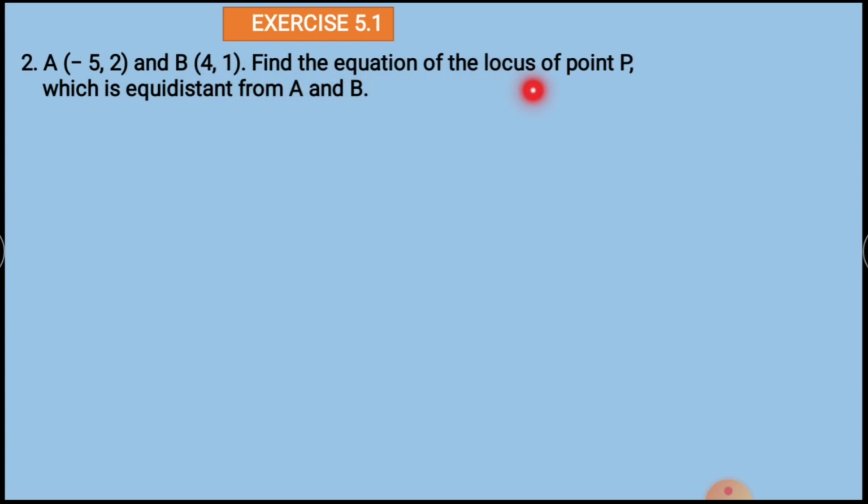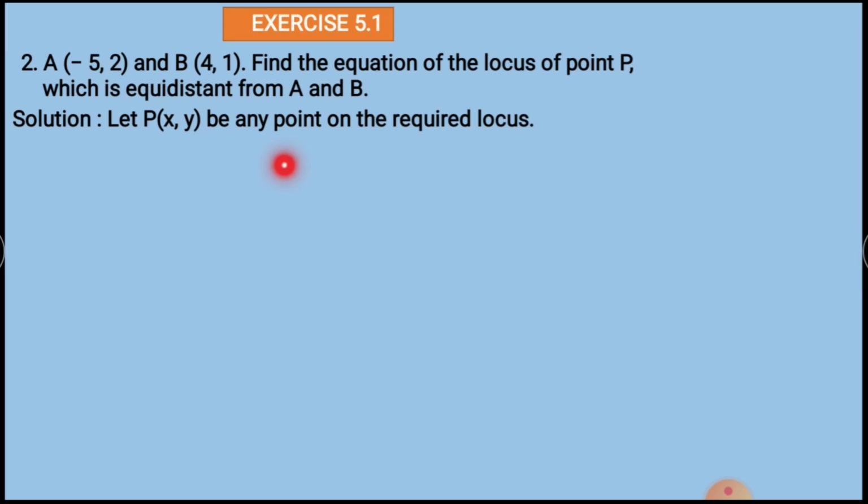Find the equation of the locus of point P which is equidistant from A and B. Now the question is the same as question number 1, but here, instead of writing the condition directly as PA equals PB, the condition is given in verbal form: P is equidistant from A and B, that means PA equals PB. So we write here in the solution, let P(x, y) be any point on the required locus.